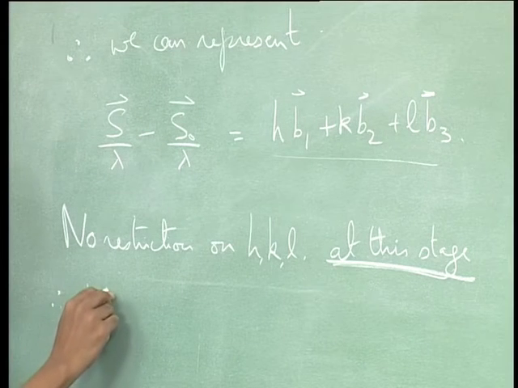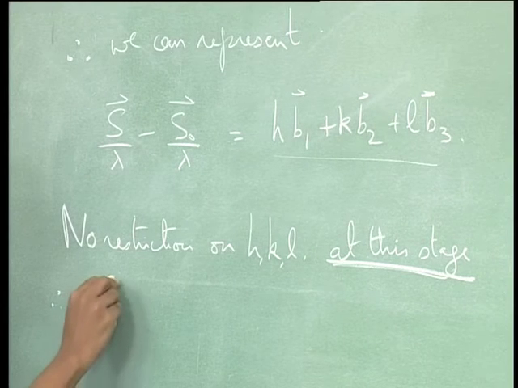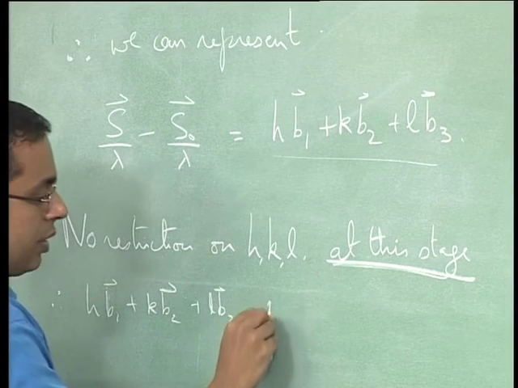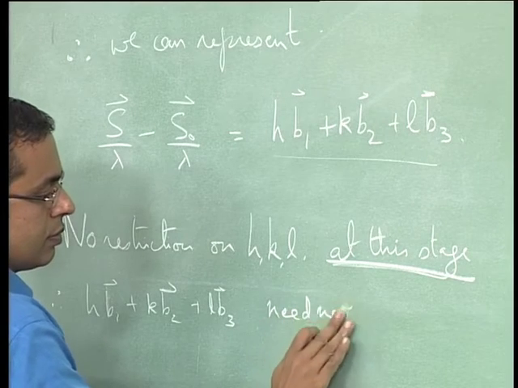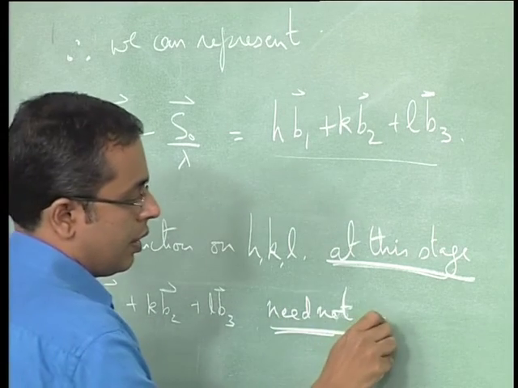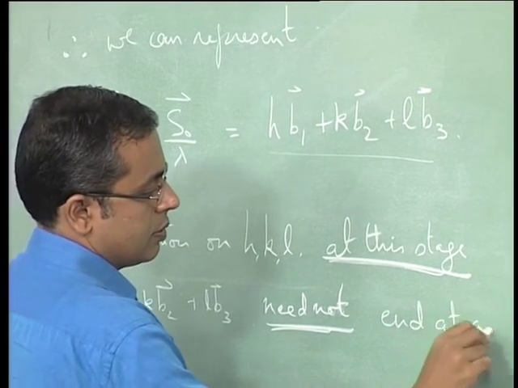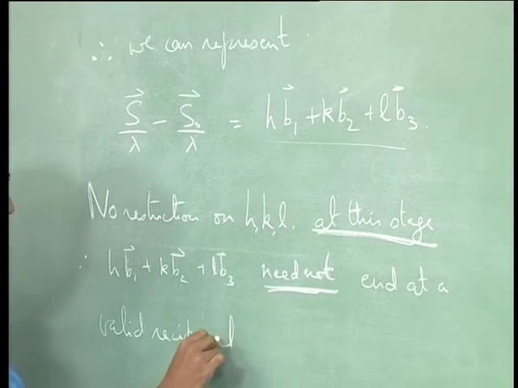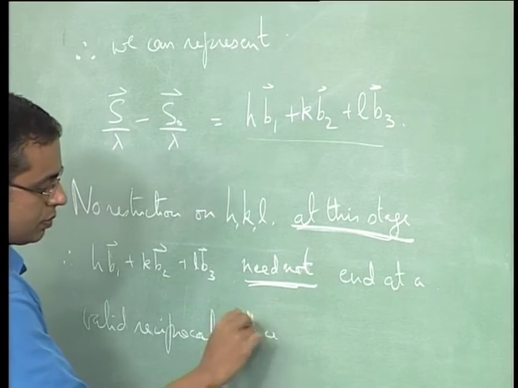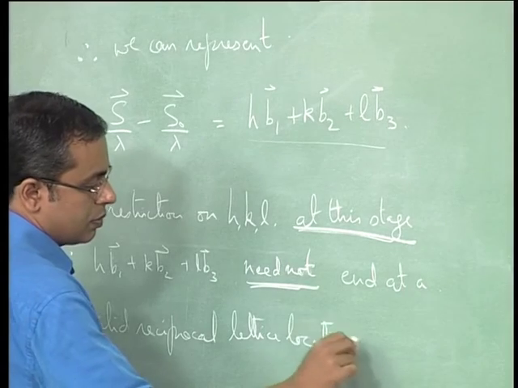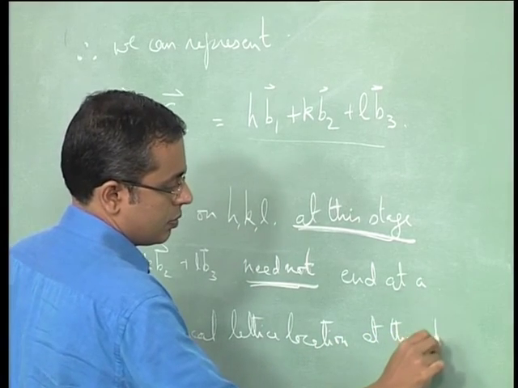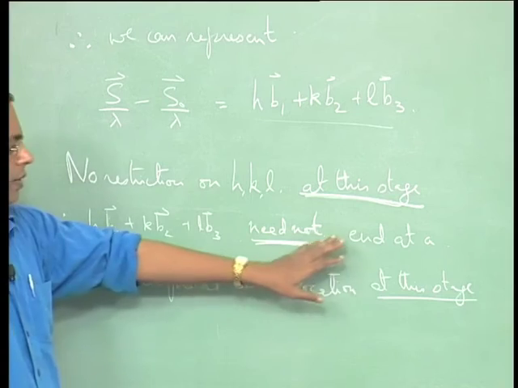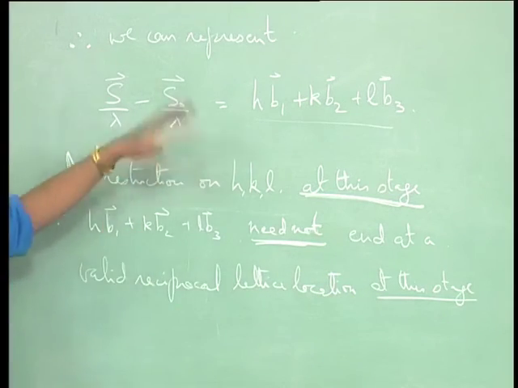Therefore h b1 plus k b2 plus l b3 need not, at this stage in our derivation, we have not placed any other restrictions on the system.